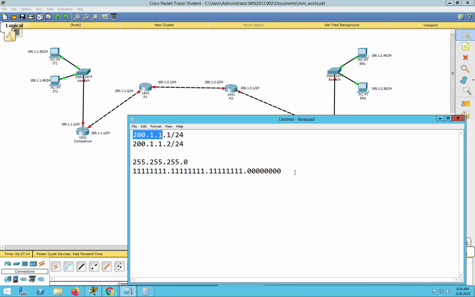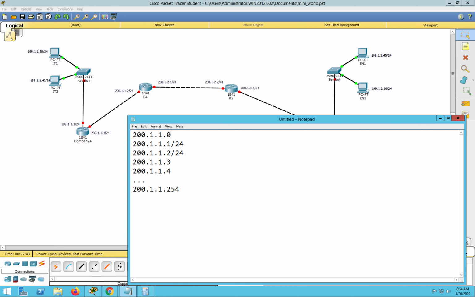Now, here's the problem that I've got with this configuration. If you remember, this is also a valid number, 200.1.1.4, and this continues all the way up to 200.1.1.254. But of course, 255 is that funny broadcast address, and the one at the very beginning is the network name itself.